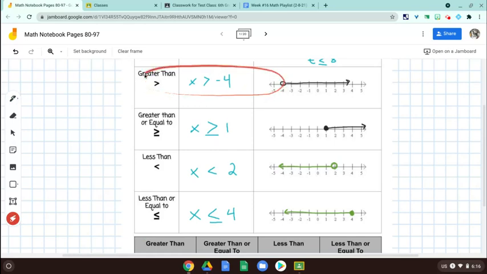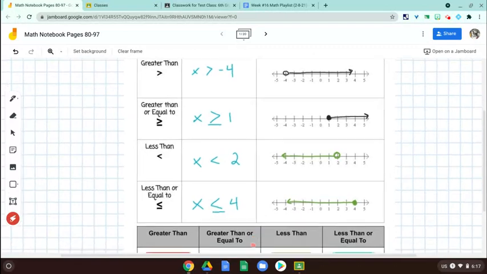Anything that is greater than or less than, you would have an open circle and then a line graphing that, either left or right. And then for greater than or equal to or less than or equal to, you would have a closed circle in your graph going either left or right.